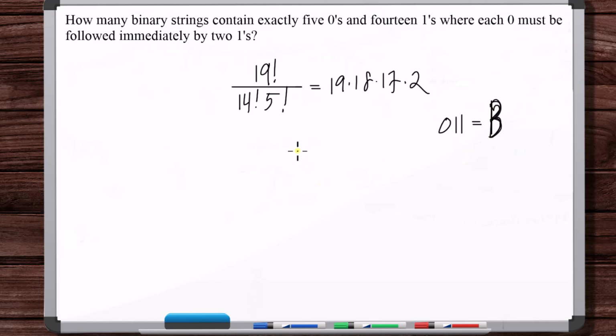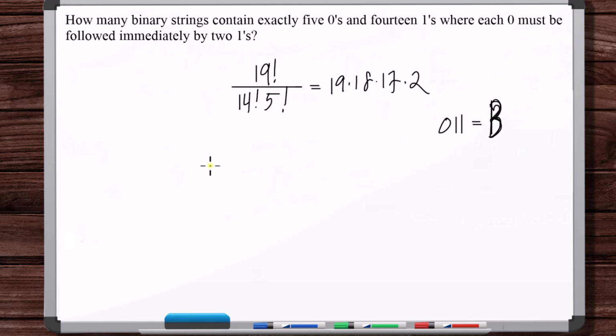Okay. So what we've got then is 5 zeros. So 5 times 3 is 15. There's 5 zeros, so there's 5 of these triplets here. So 15 characters are taken up by these triplets, 15 of the 19.